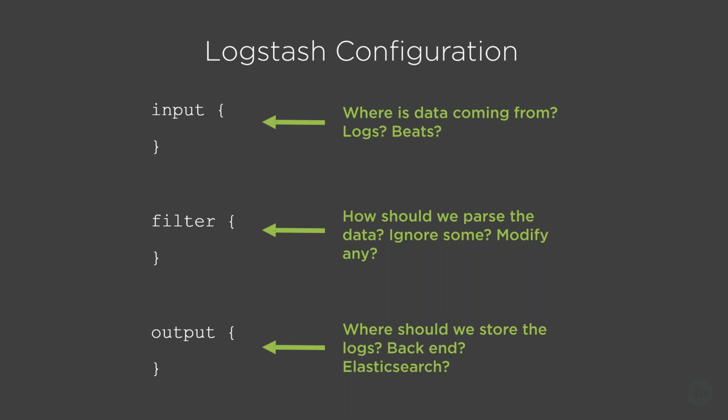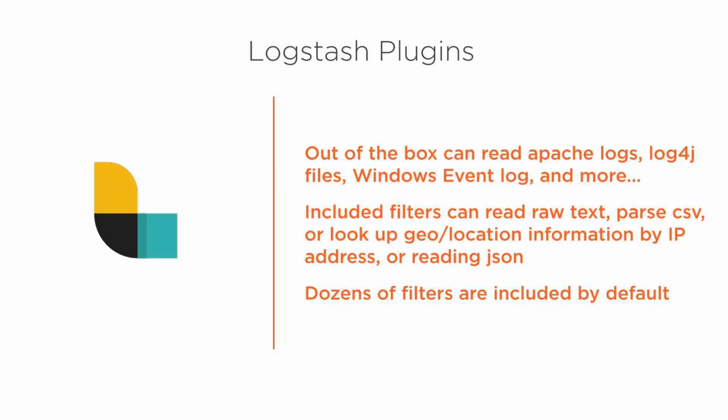Based on that, you keep tweaking the filters. Everything in Elasticsearch should be structured, processed and transformed, so it can be easily searched and used in the business. So it's a gradual process, and the output, of course, is Elasticsearch.